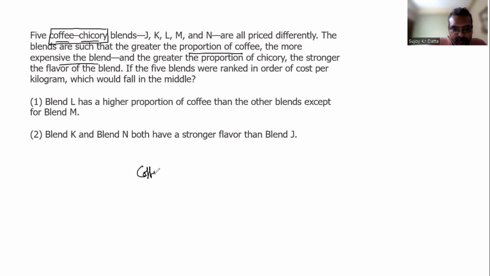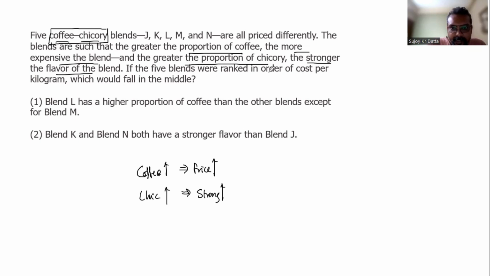So coffee content up implies price goes up. At the same time, the greater the chicory, the stronger the flavor. So if chicory goes up, the strong flavor goes up. Okay, that's what is given.